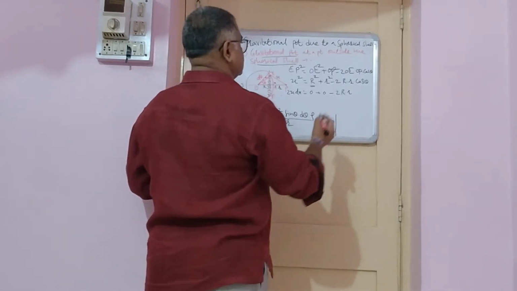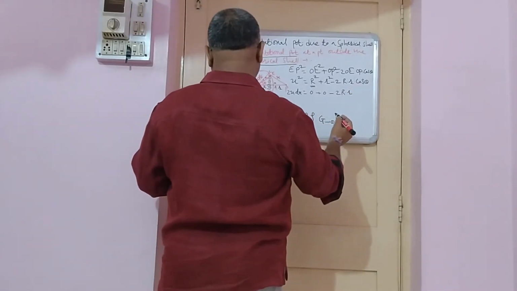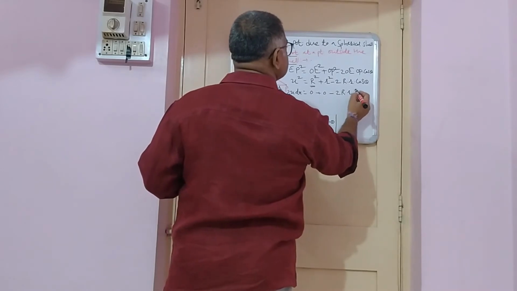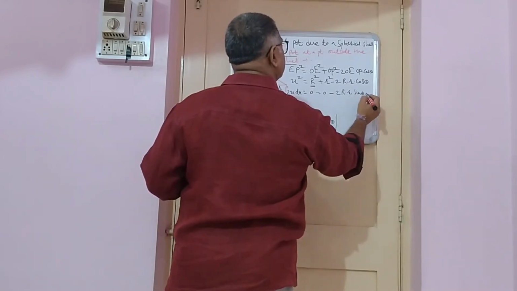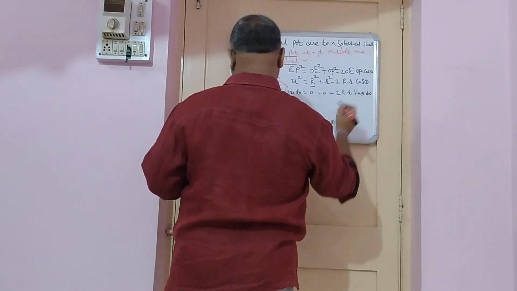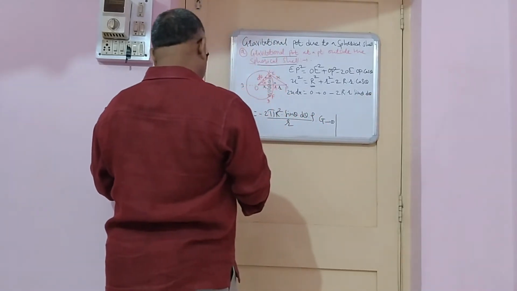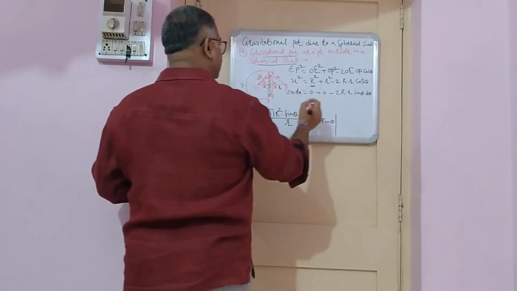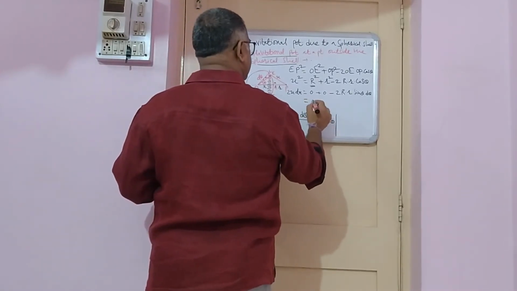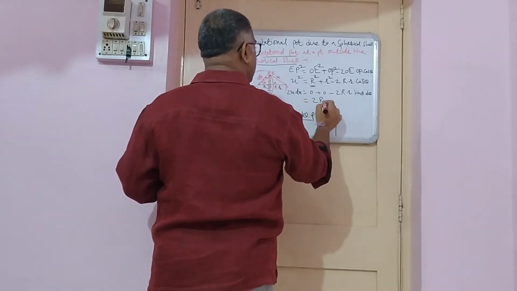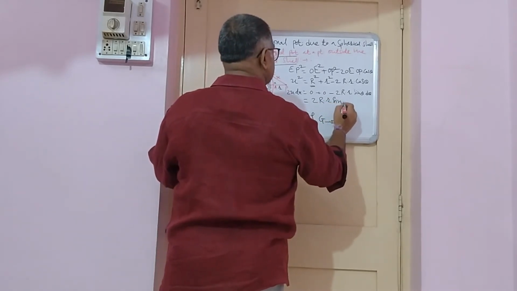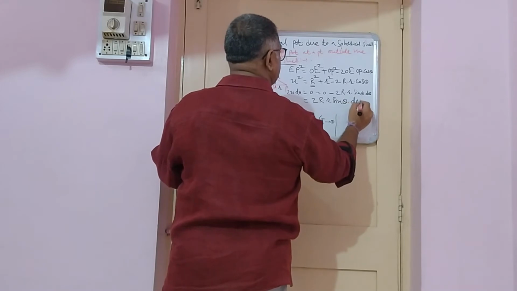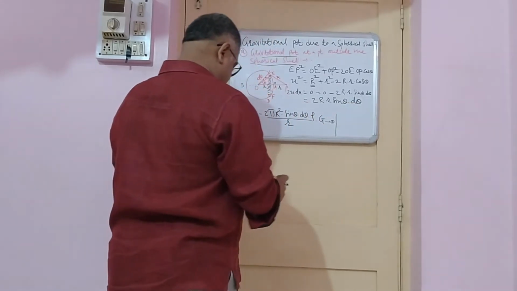Yes, and cos theta has differentiation sine of theta into d theta, and here we get 2R into r sine of theta into d theta.